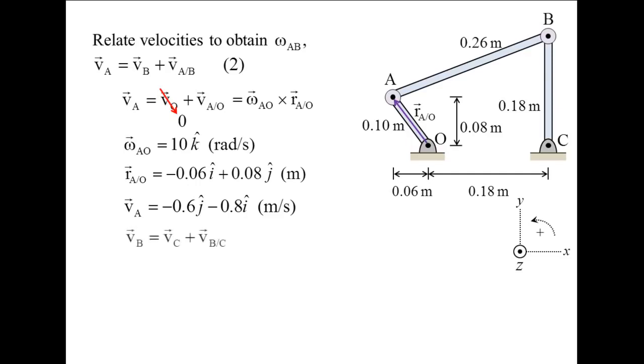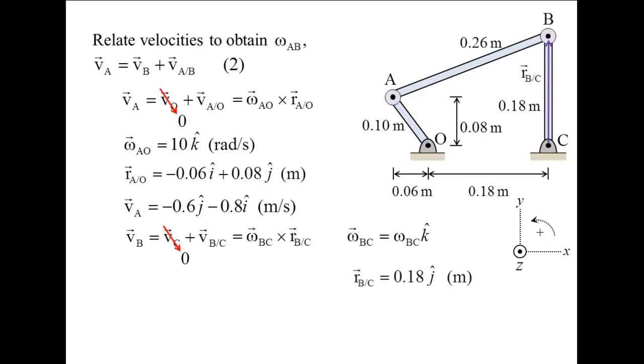The velocity of point B is equal to the velocity of point C plus VBC, the velocity of point B relative to point C. The velocity of point C is 0, and the relative velocity is rewritten as omega BC cross RBC, the position vector pointing from point C toward point B. The angular velocity vector for link BC is omega BC and points in the z direction.